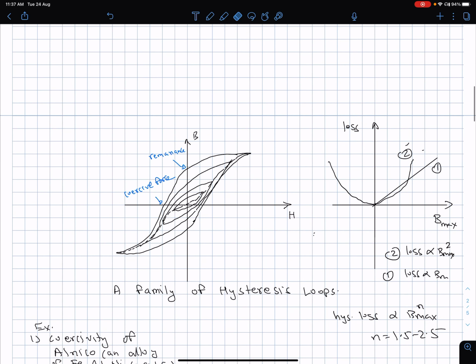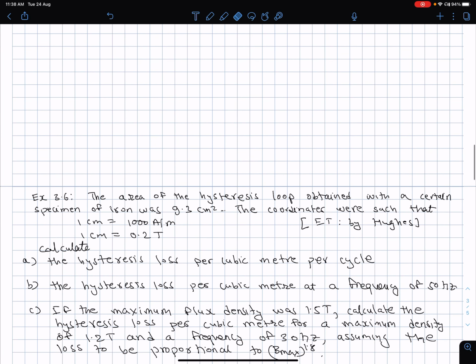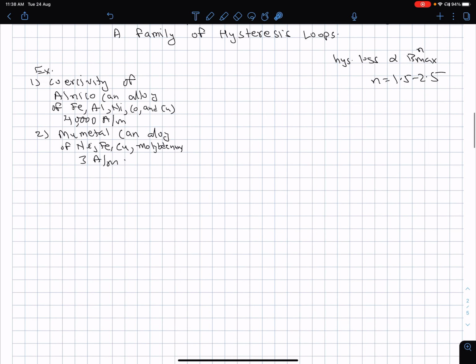So for the horizontal H axis, 1 centimeter is given to be equal to 1000 amperes per meter, and for the vertical axis 1 centimeter is 0.2 Tesla.